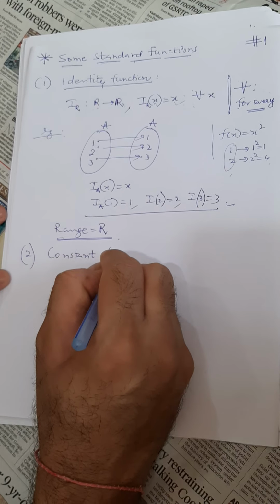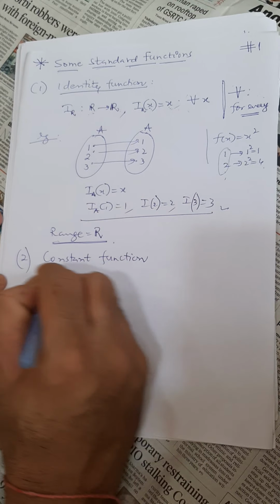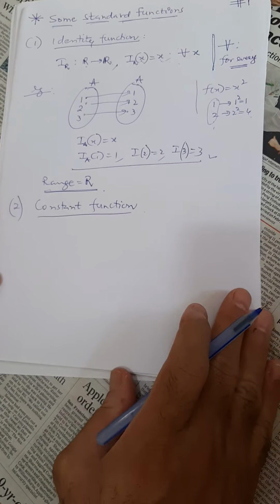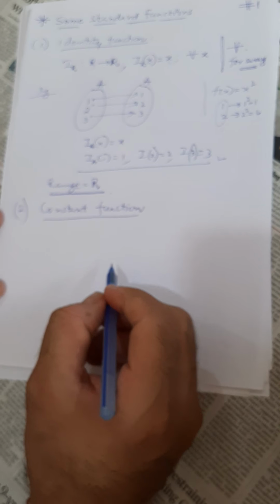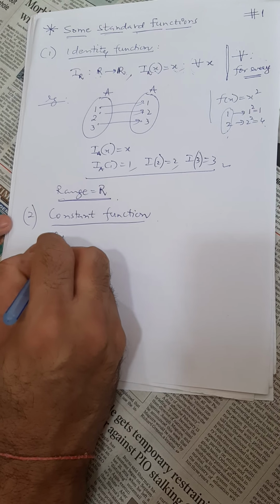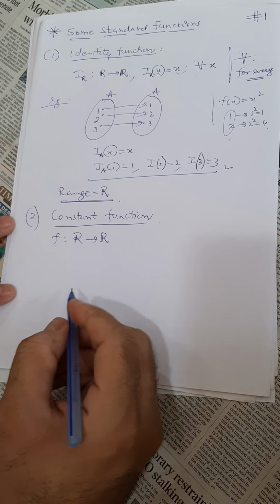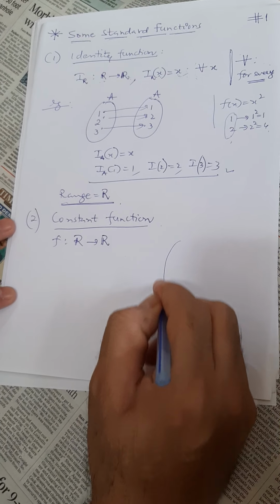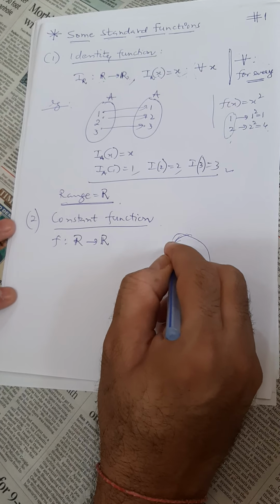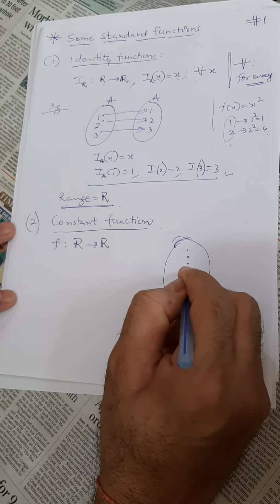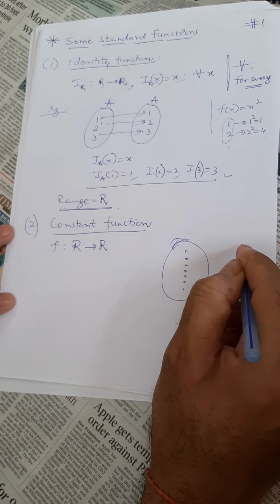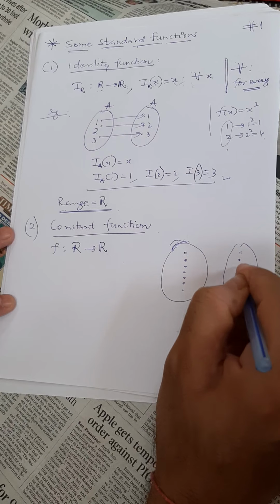Next type, which is a constant function. Now, I'll take a function f from real numbers to real numbers, for example. Here you have a number of members in this domain. Here also you have a number of members.